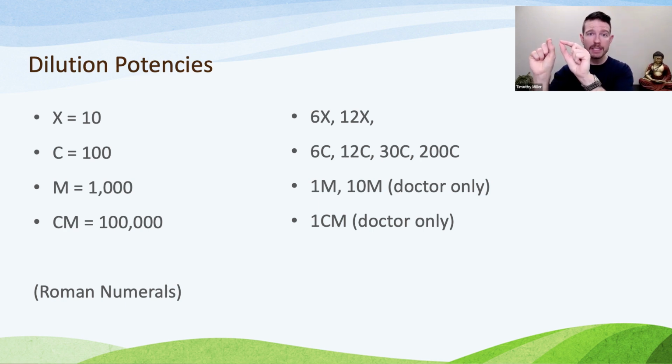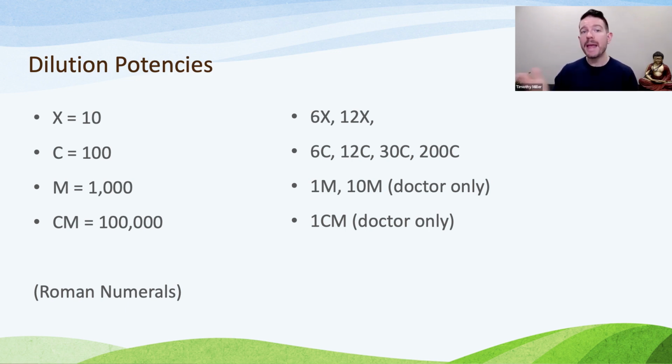And then we have the C scale, which also becomes M and CM, where we do it on a 1 in 99. Continue, continue, continue. Okay. So we have basically two processes happening. The X, which is 1 with 9 more, total of 10. And then we've got C, and M and CM, which is when we take 1 and we do it with 99 and keep going on and keep going on. Okay.